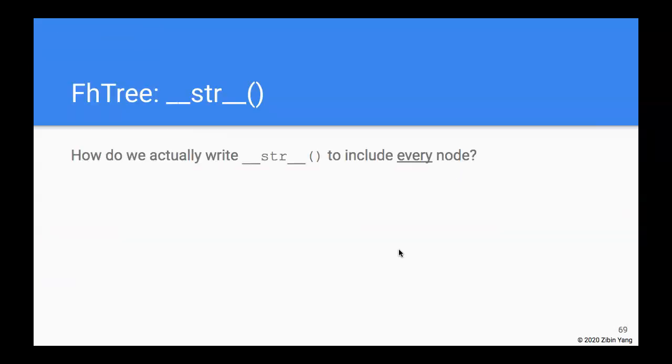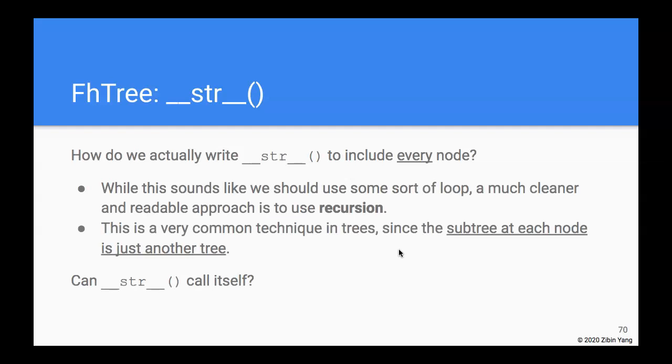So the final question before we can write our code is, how do we actually visit every single node in the tree? To go through everything, we usually do something like a loop, right? But it's actually slightly hard using a loop in a tree because we have to visit both the siblings as well as the children.